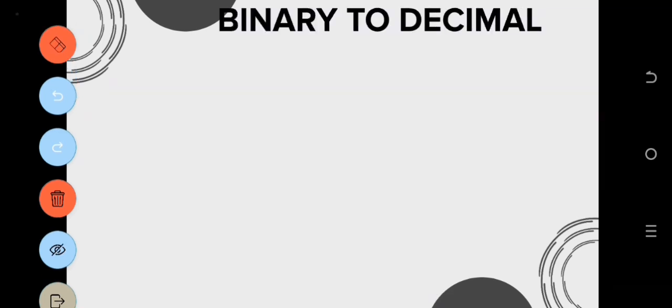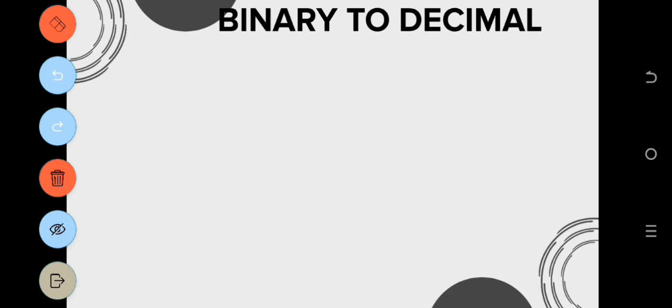To convert binary to decimal, we'll need to use the expanded notation. Take the example earlier, the 1, 0, 0, 0, and let's check if the result is 8.